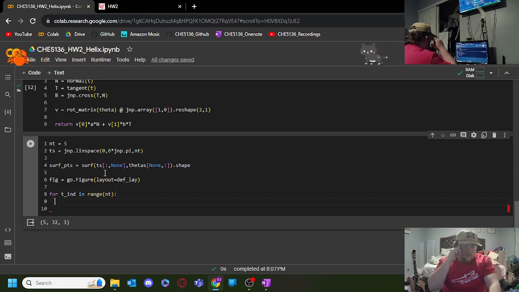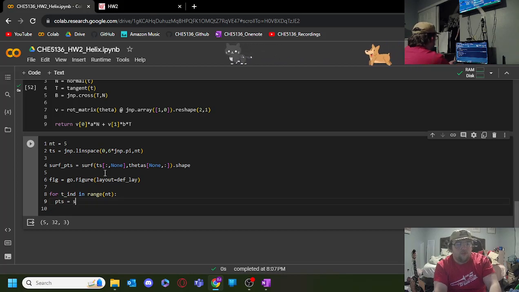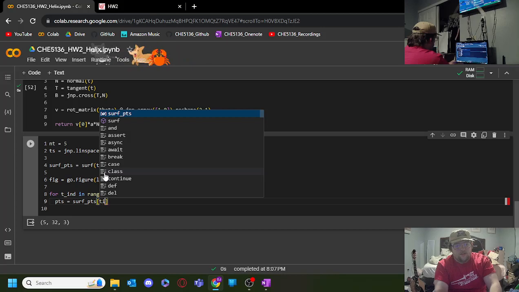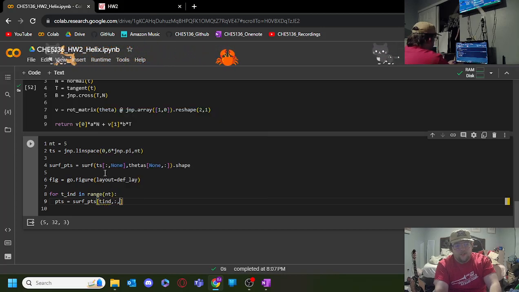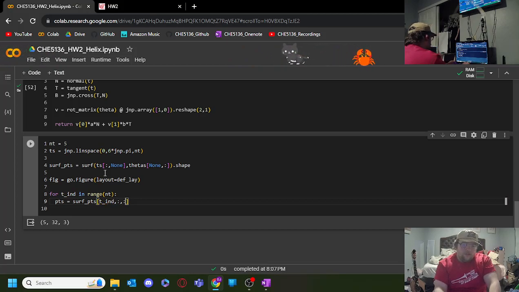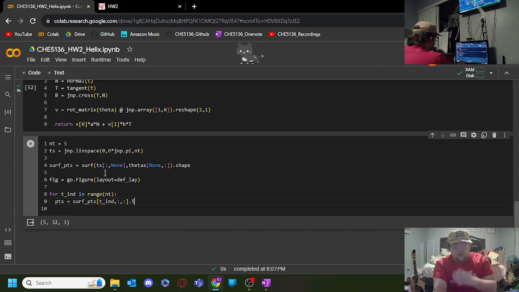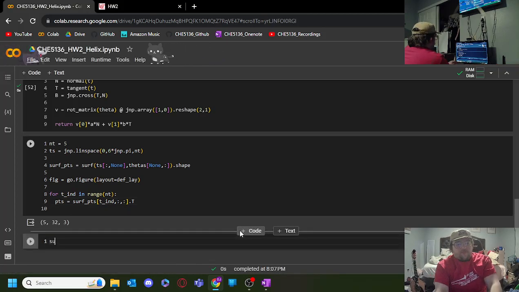Okay, so I want to do points equal to surf points, t index is the very first one. Got all of those. Just like I mentioned before, I want the transpose of that. The reason why is when I go down here, surf points, I grab the very first one.